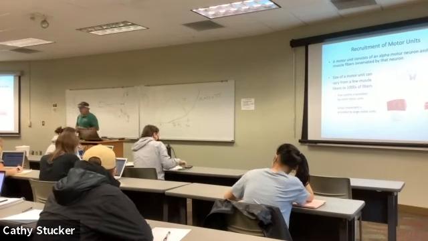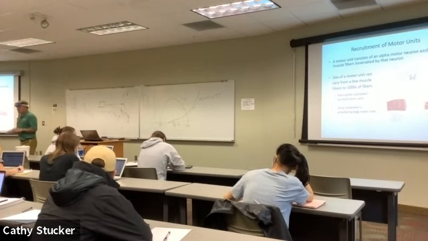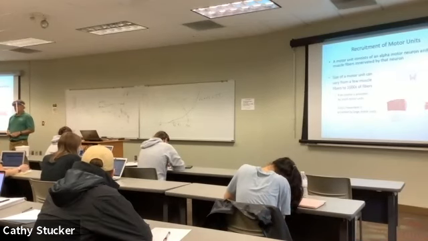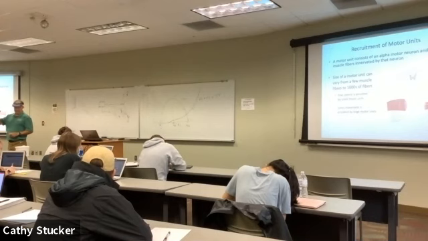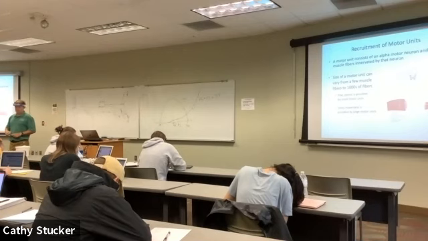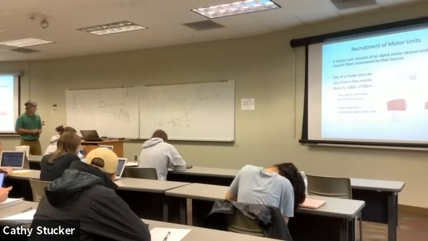Okay, what's the other thing? Now, this is number of motor units. What else do we recruit? How else do we make more force? We recruit the muscle at a faster rate. Temporal summation, temporal recruitment.